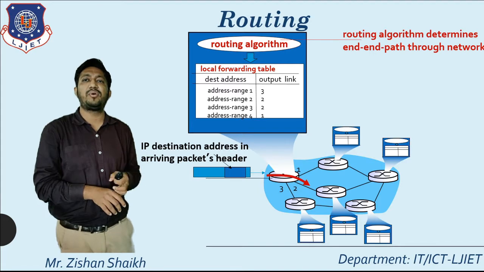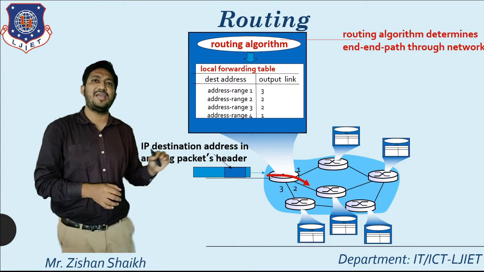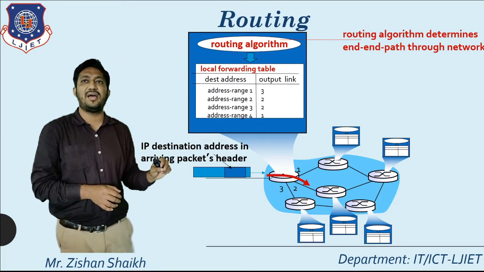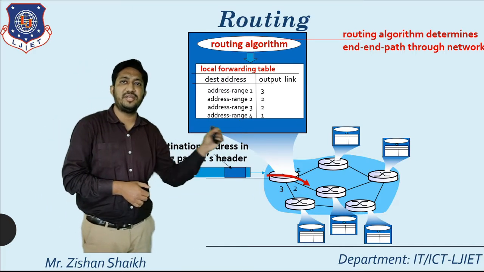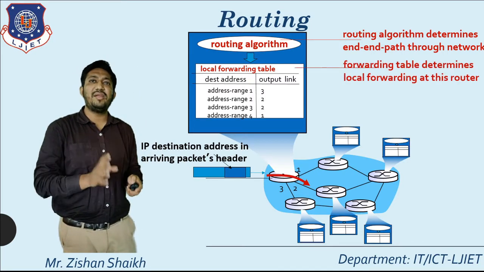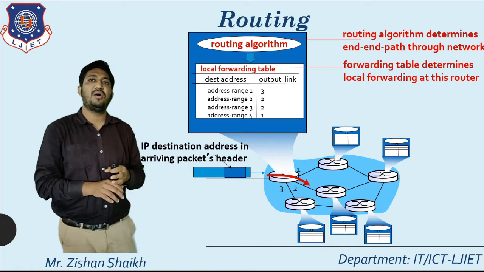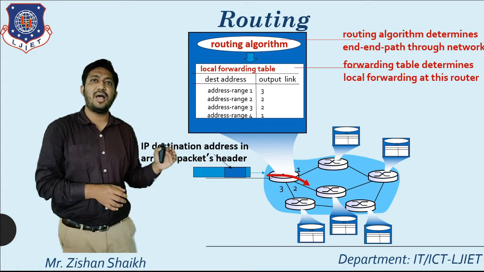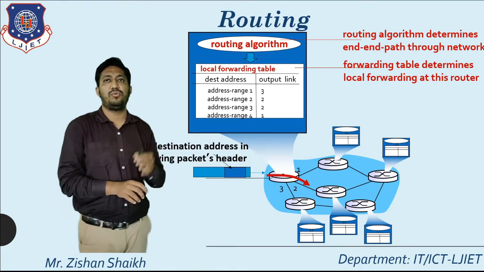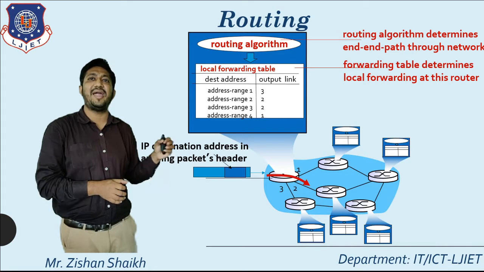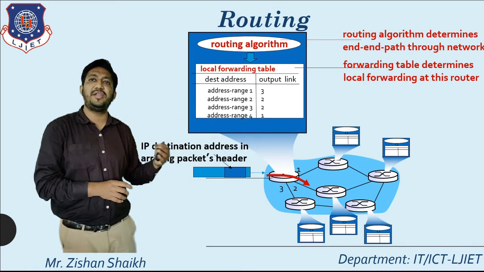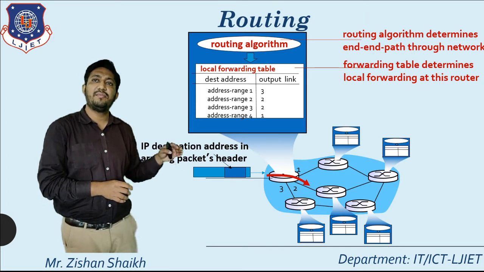The routing algorithm determines end-to-end delivery, that is, how exactly our data packets are forwarded from source to destination. The forwarding table determines how the data is locally forwarded from one hop to another hop. It identifies the addresses belonging to the next hop, and for that, the incoming and outgoing links are maintained.